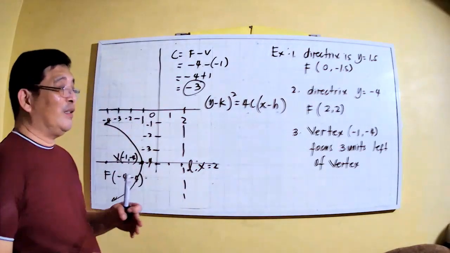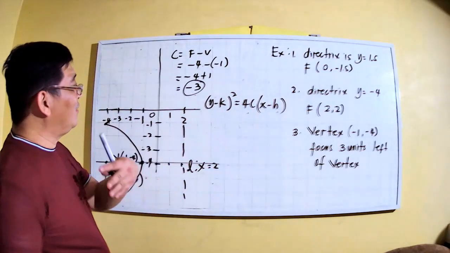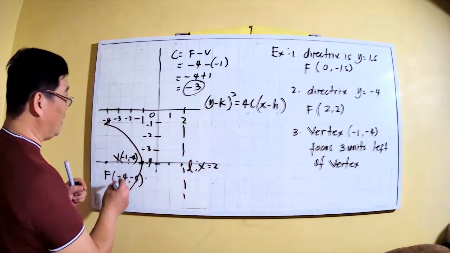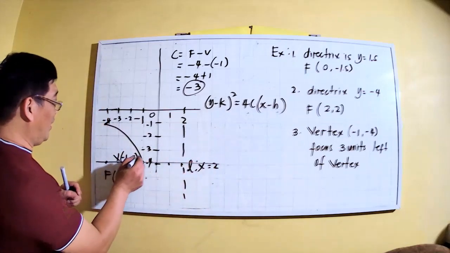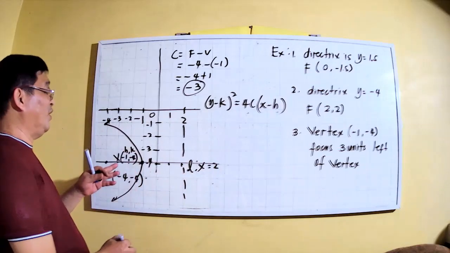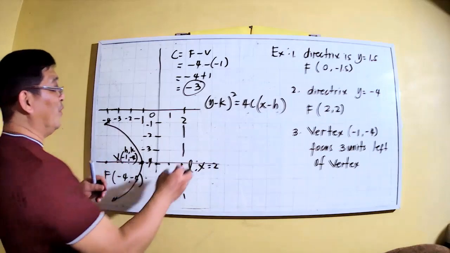So ito gagamitin nating formula in standard form. Sa-substitute natin, alam natin that the vertex is its hk. Ito yung h, ito yung k, so vertex. We have here -1, -4.